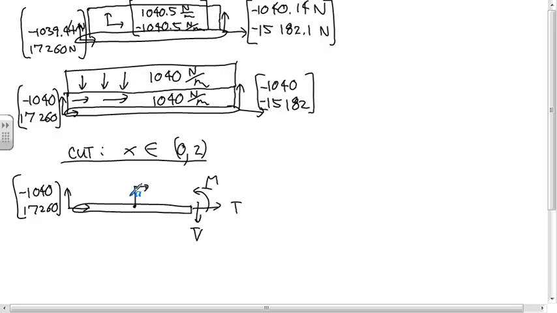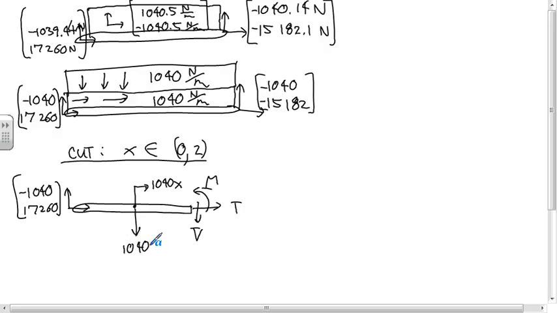Yeah, 1040x, because this is a distributed load. So this has to be 1040x. You could approximate it as 7 pi, depends how good an approximation you need. And then the vertical force going down is 1040x.